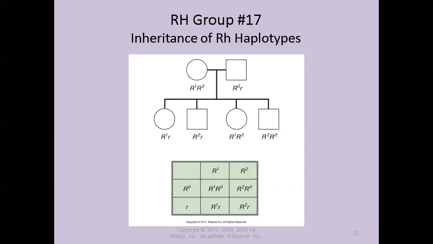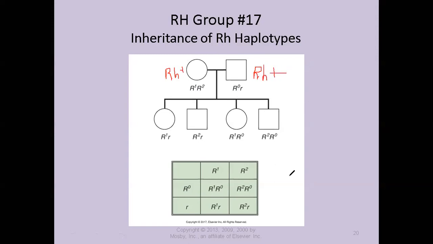But what we can look at here, for instance, is the fact that each one of these parents has at least one big R. Anybody know what that means? I wish I could see you. It means they're both Rh positive, right? So having at least one big R, they're both Rh positive.